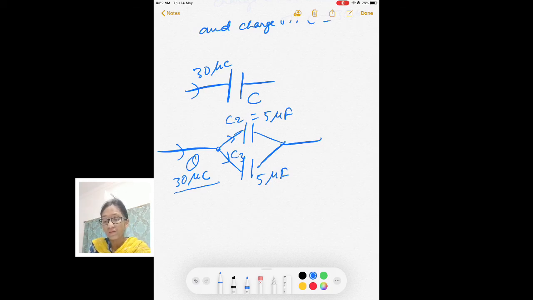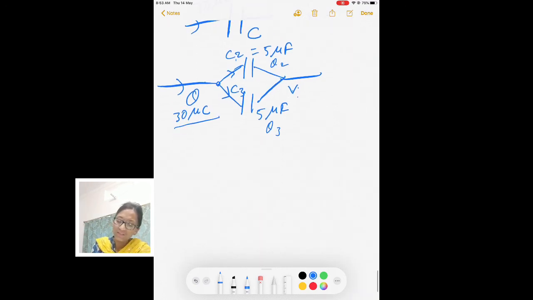If they have different capacitances, then charge distribution will be different in the two arms, and that we could find using the value of potential difference, because then product of V and C2 will give Q2 and product of C3 and V will give Q3. Okay, but since Q2 will be equal to VC2, Q3 will be equal to VC3.